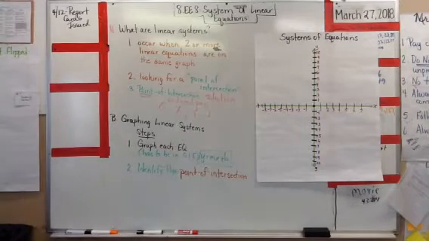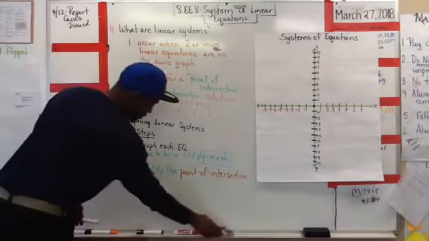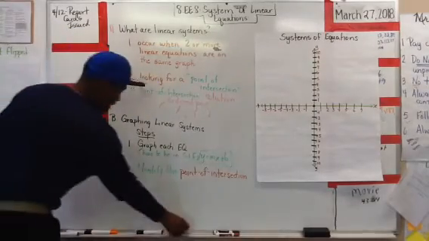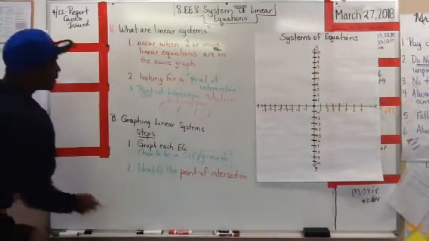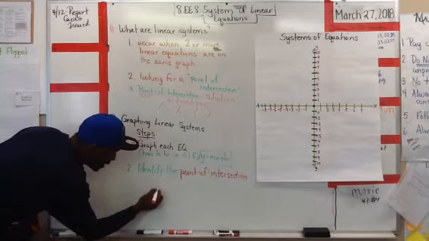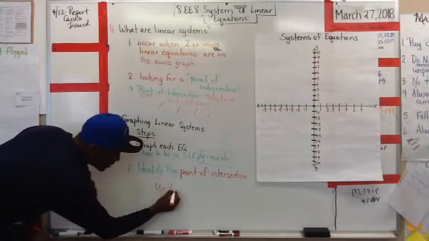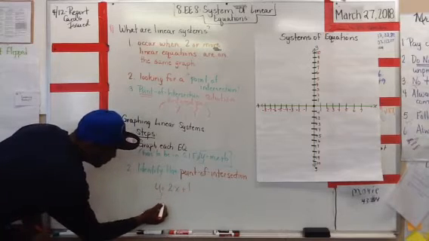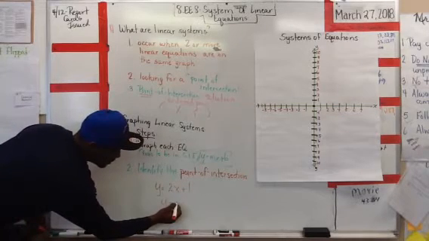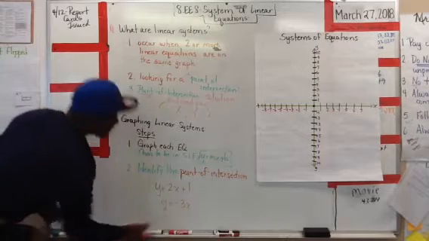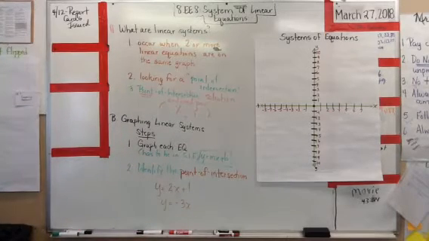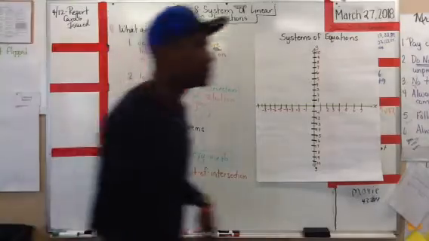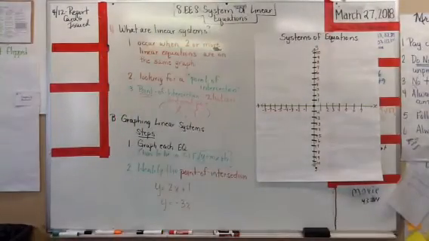So if I give you two example linear equations, say y equals 2x plus 1, and y equals negative 3x, are those in slope-intercept form? Let's see. I'm going to blow it up on this chart paper.